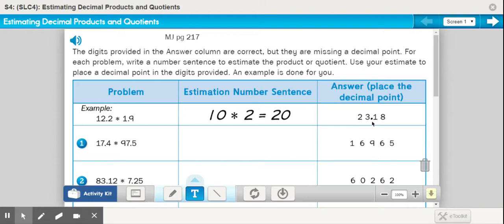So let's take a look at number 1. 17 and 4/10. So remember, I said earlier, we want it to be something you can do in your head. Could you look at the 7 and look behind it and see it's a 4, so it could stay a 7 and just be 17? Absolutely.